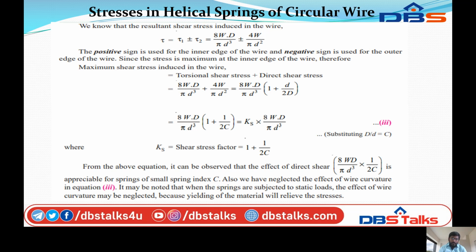It may be noticed that when the springs are subjected to static load, the effect of the wire curvature may be neglected because yielding of the material will relieve the stresses.